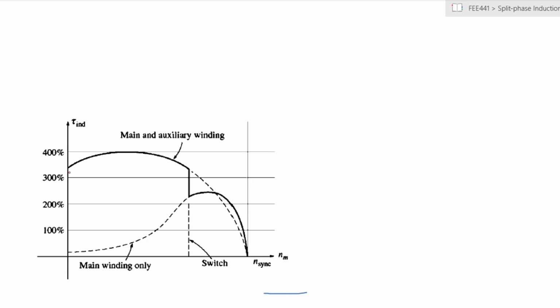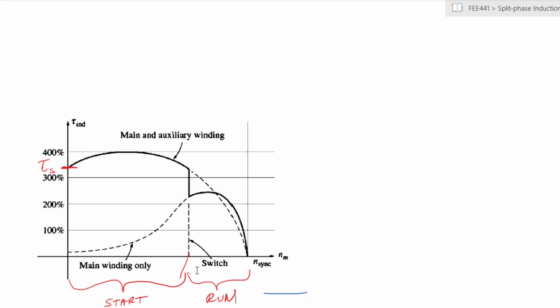So straight away you can see a massive increase in the starting torque. Yeah, it is over 300% if we have the main and auxiliary windings put in. At the same time, we would then have our starting phase, which is indicated there, and our running phase, which is indicated there.